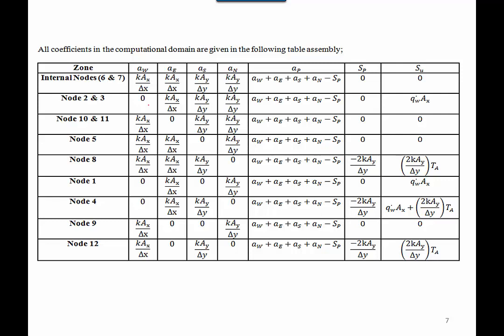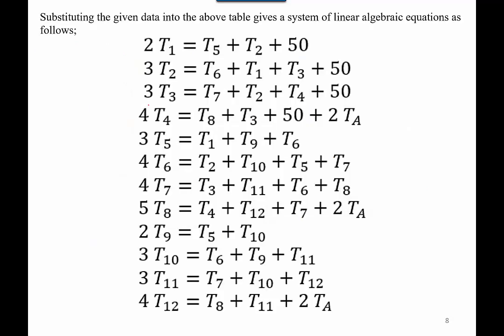After this, we substitute the values that are given in the question into this table, and we will make a number of algebraic equations equal to the number of control volumes, and that is 12 algebraic equations which hold 12 variables, from T1 up to T12.